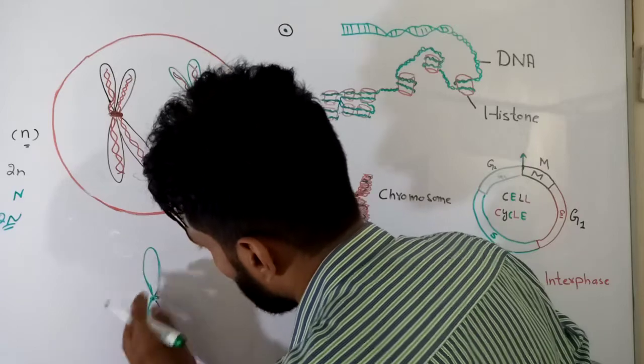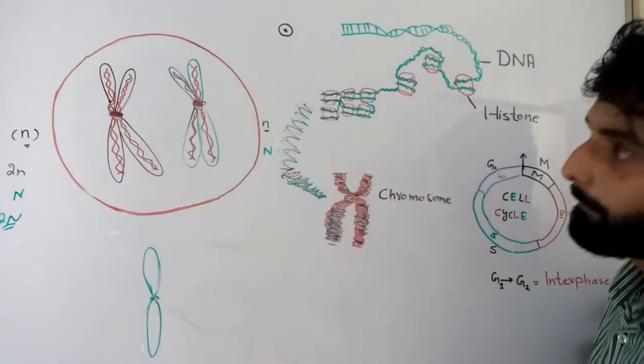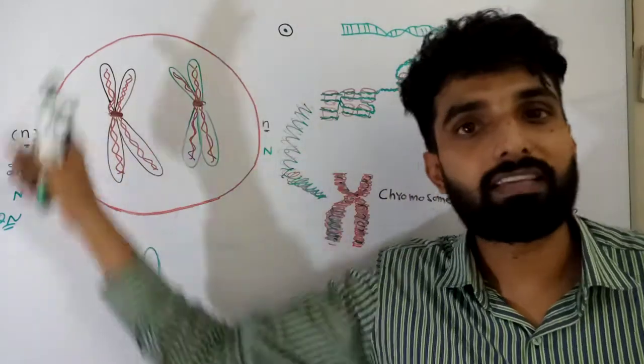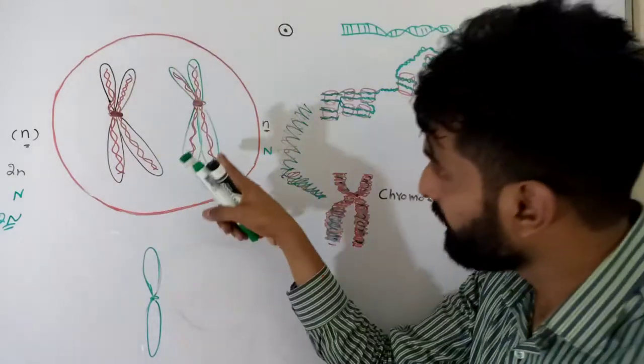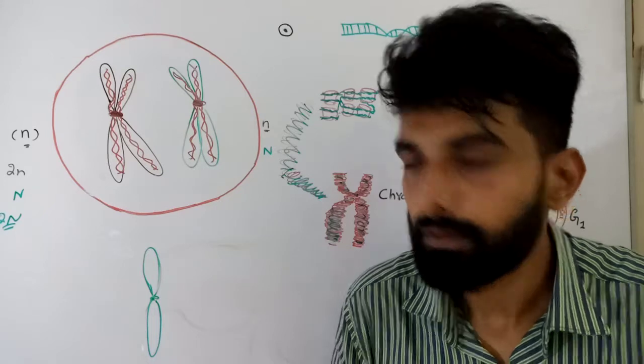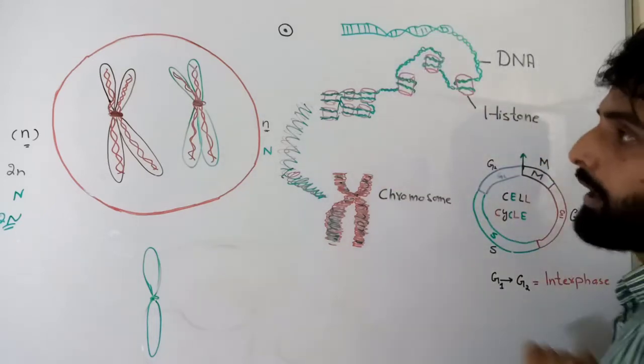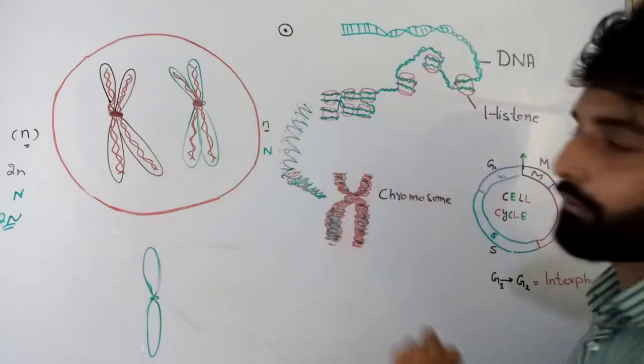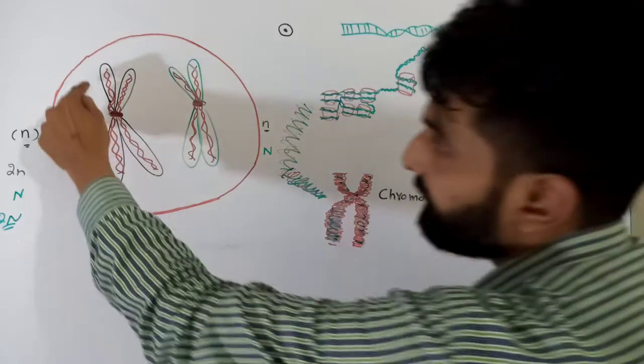This is also one chromosome, but it is a double structured chromosome. Clear?